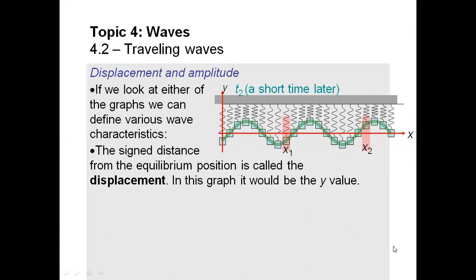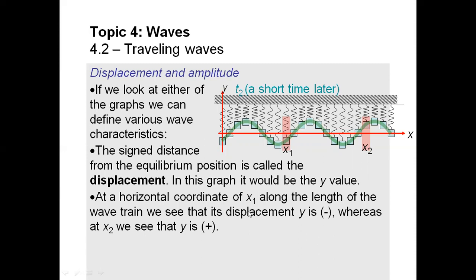So when we look at the graph at any time, the values on the y plane are going to show us the displacement of the particle from the equilibrium line, how many centimeters or meters it moves up and down. So for displacement of the particle, we should always look at the y plane.